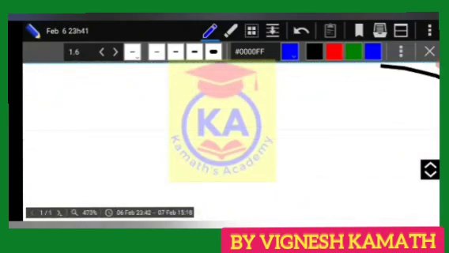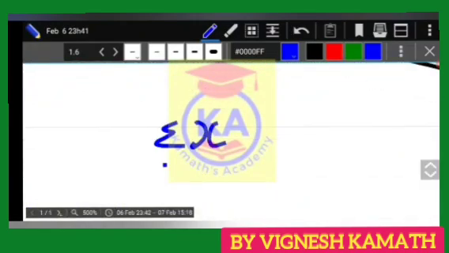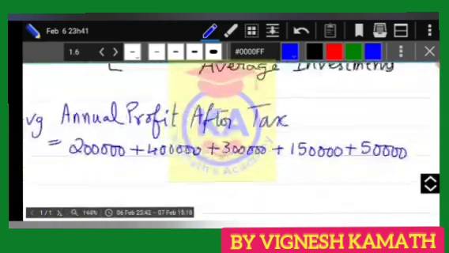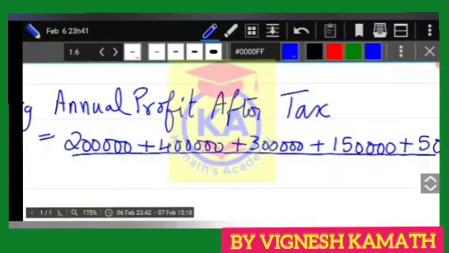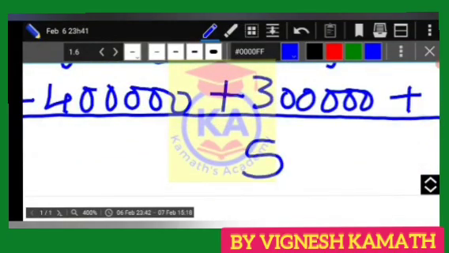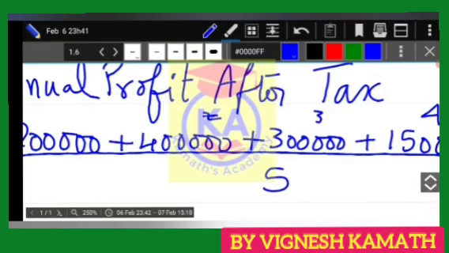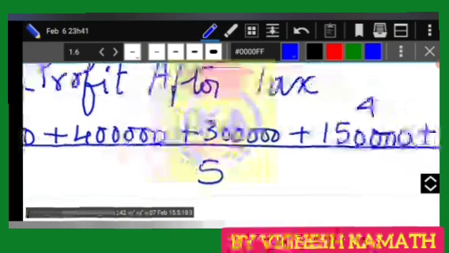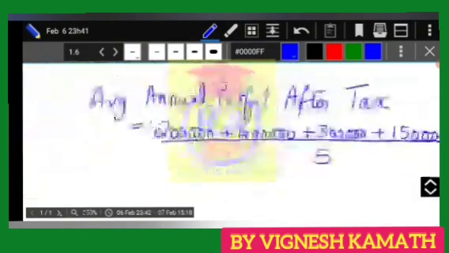As you know, in statistics, average is summation x by n. Now we have to take the average. Similarly, you have to take the average here. How many years are there? 1, 2, 3, 4, 5. Right? So it will be divided by 5. Don't write 1, 2 here. Just for understanding purpose I have written. You got there is 5 years.